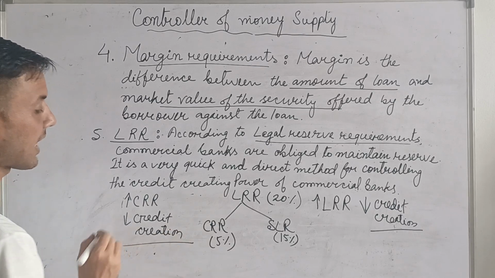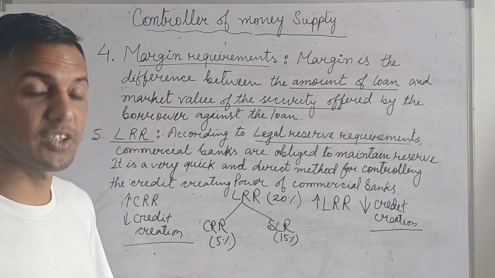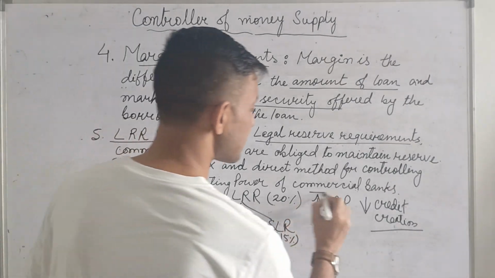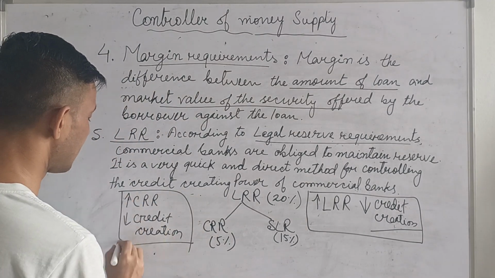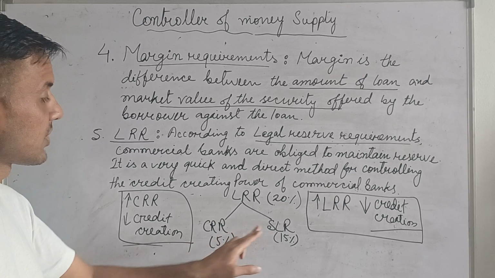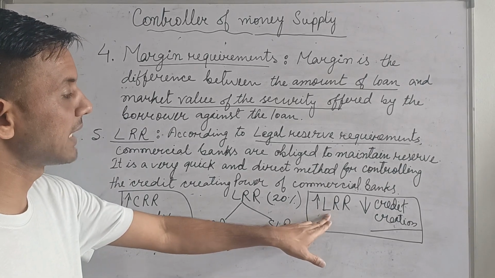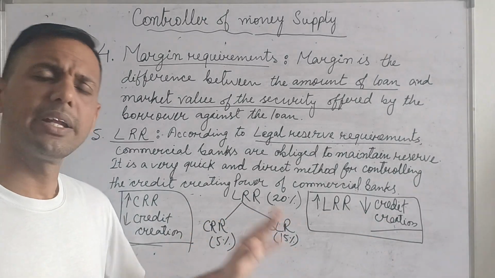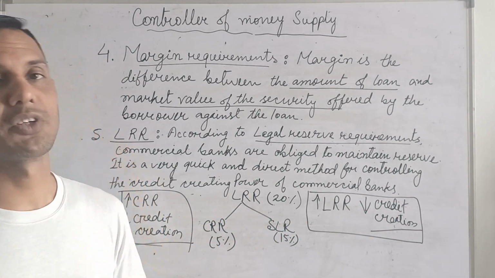In the exam they can ask you about the relationship between CRR and credit creation. So at that time you have to know what the relation is. What is the relationship between CRR and credit creation? Between SLR and credit creation? Between LRR and credit creation? It is the same thing. Just remember two things, inflation and deflation.